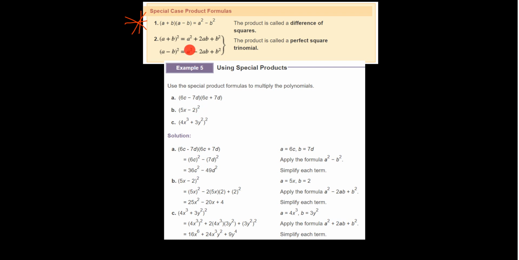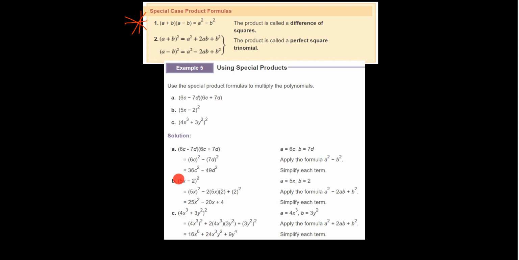So you'd say 5x squared, that's 25x squared, minus 2 times a times b. So 2 times 5x is 10x, times b, which is 2, so that's 20x, so that's going to be negative 20x, that's what we see here. And then plus b squared, so 2 squared is going to be 4.